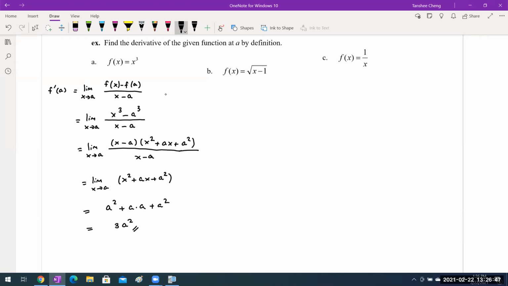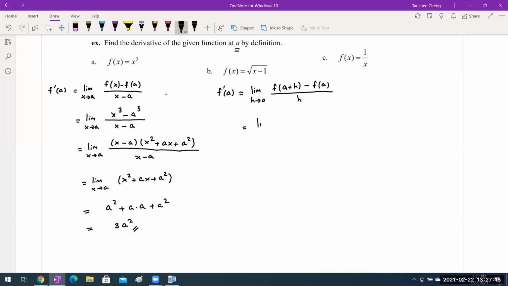In this case, for f prime of a, I'm going to be using the second formula: the limit as h approaches 0 of f of a plus h minus f of a all over h, because we are looking at the limit at the particular point a.